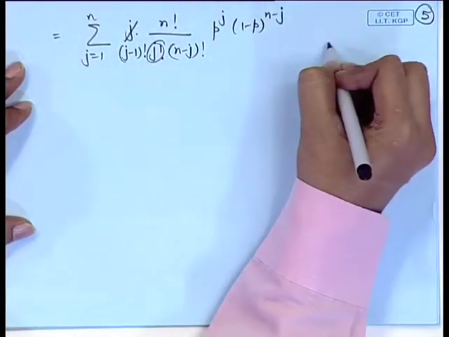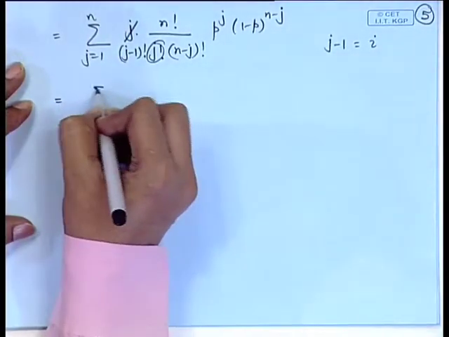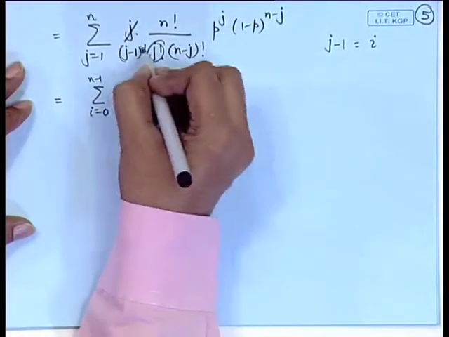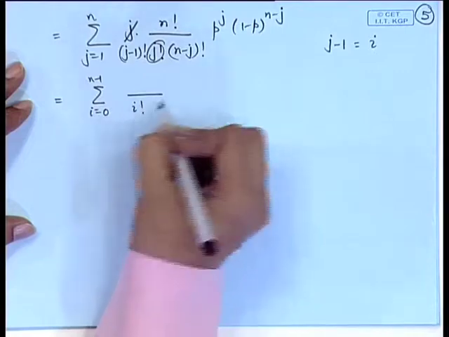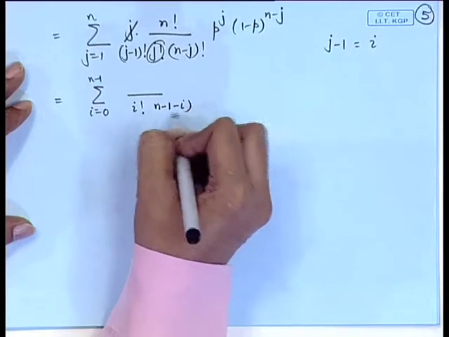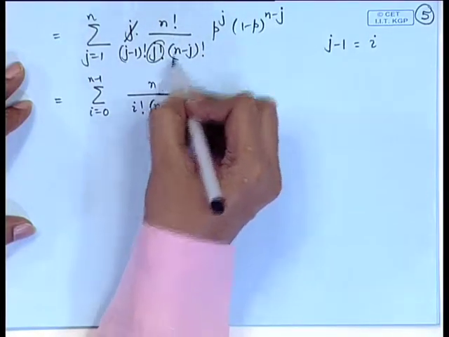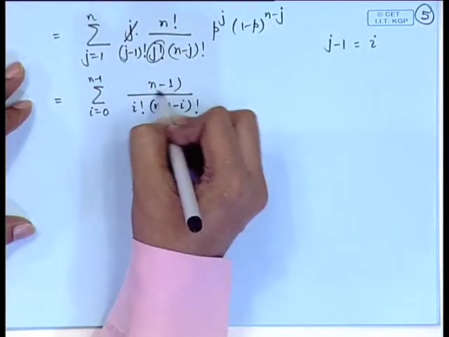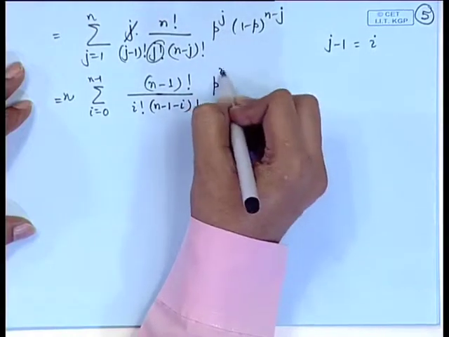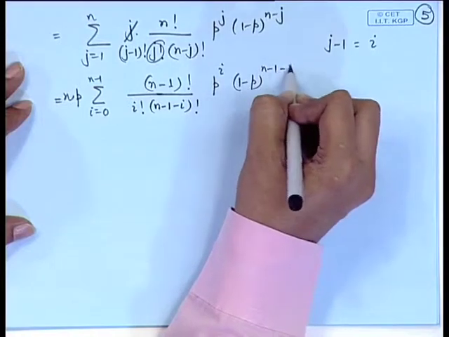Then we can replace j minus 1 by, say, i, and then this becomes sigma i equal to 0 to n minus 1. Now, putting this term as i, we can write it as (n minus 1 minus i) factorial, and therefore, in the numerator in place of n factorial we can consider (n minus 1) factorial and n can be kept out. So, this is p to the power i, and one p will be outside, (1 minus p) to the power n minus 1 minus i.